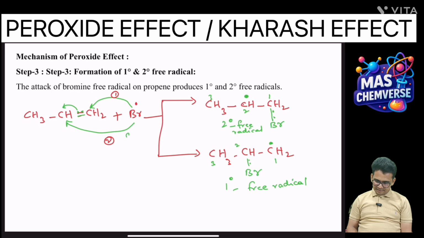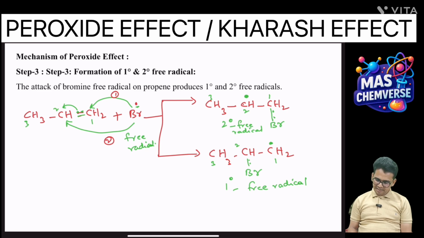Because of the attack of bromine free radical. Okay, this is the bromine free radical. Bromine free radical attacks on this carbon, means first carbon. This is the first, this is the second, this is the third. When attacking the first carbon, what happens? Bromine already has one electron here. One more electron it is taking from the double bond.